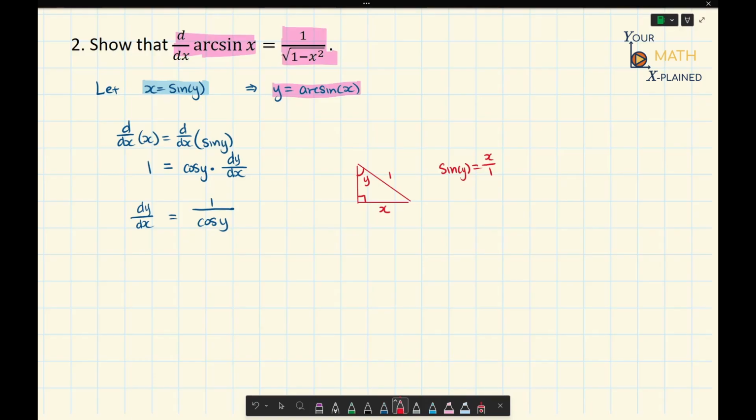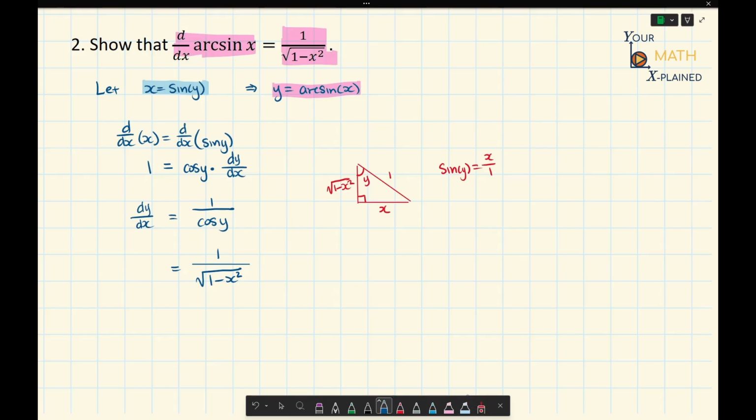So by doing that, we get that this last side here is going to be the square root of 1 minus x squared. So now, if we want to find what cosine of y is, cosine of y is going to be adjacent over hypotenuse. So in this case, our adjacent side is the square root of 1 minus x squared, and then our hypotenuse is 1, which means we end up with this is equal to 1 over the square root of 1 minus x squared over 1, which we don't need to write down.